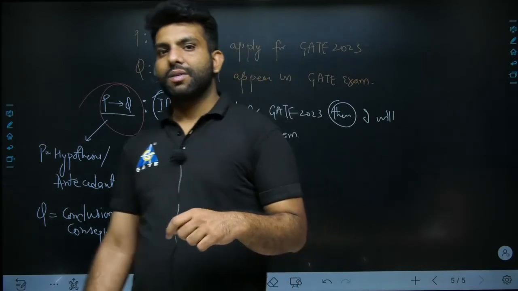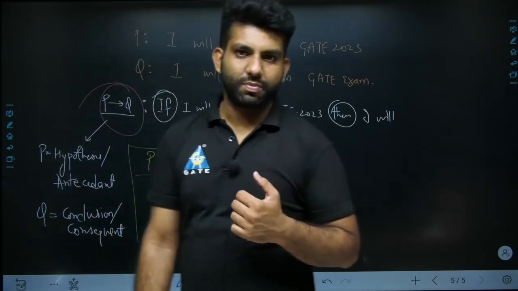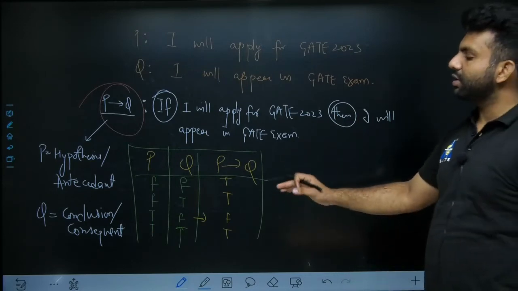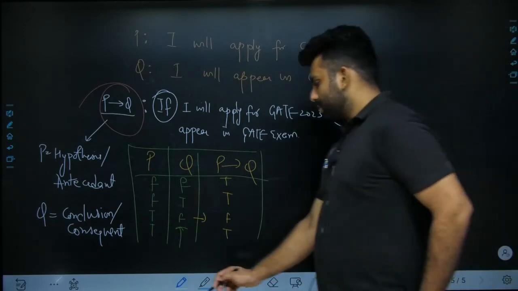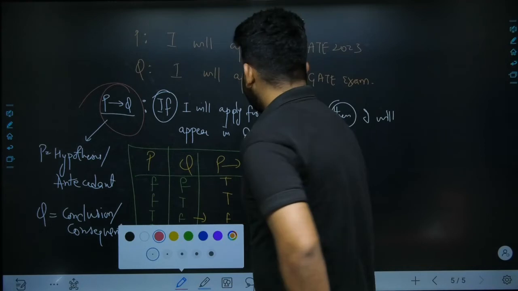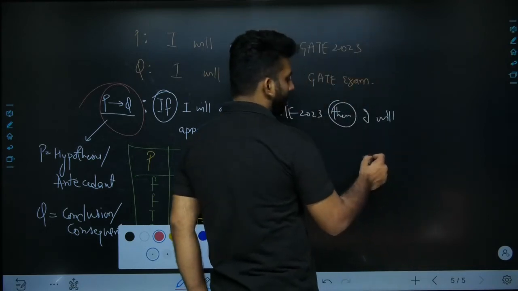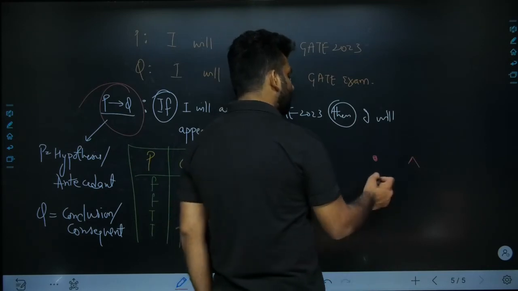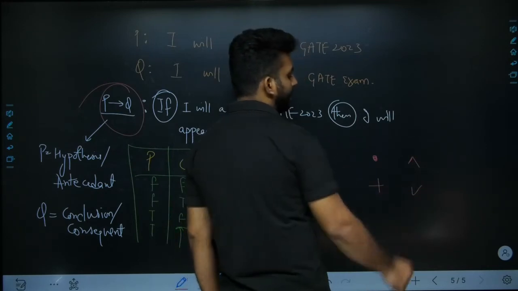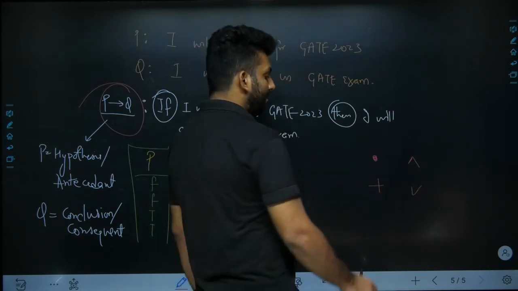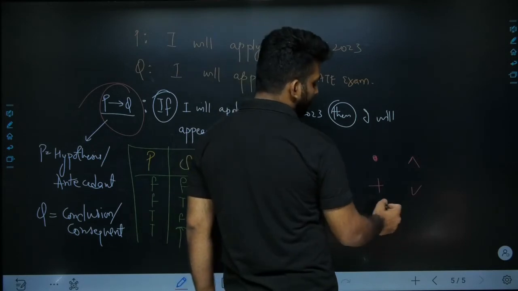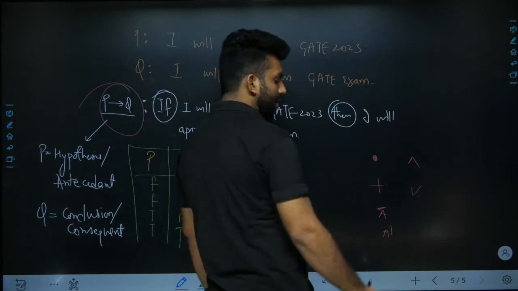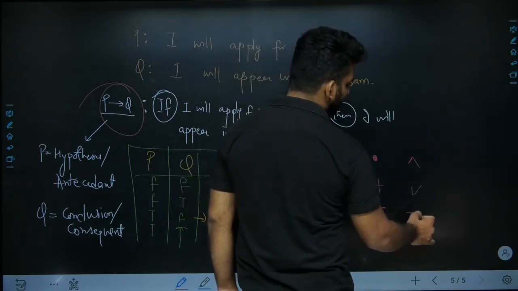There is no implication operator, but you can conclude from the truth table what the expression for implication will be. In digital logic, the dot operator is AND, the plus operator is OR, and a bar or A dash means negation of A.